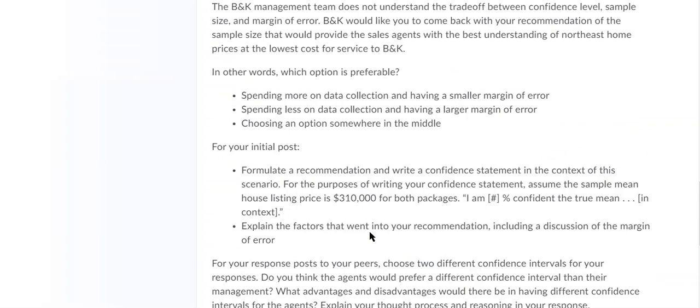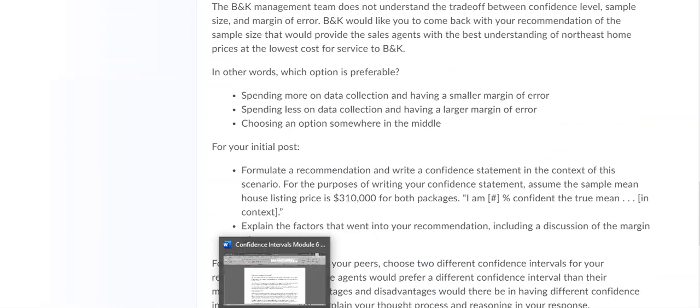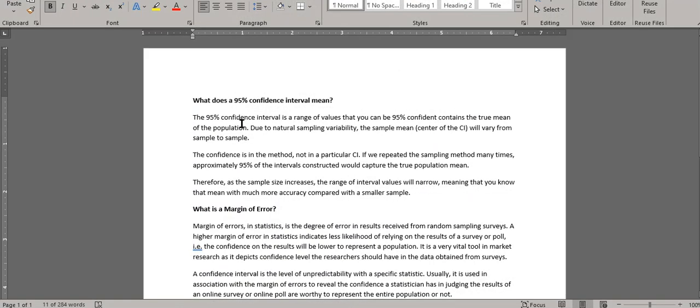Okay, so let's first talk about the definition of what a confidence interval is. When they talk about a 95% confidence interval, it is a range of values that you can be 95% confident contains the true mean of the population.